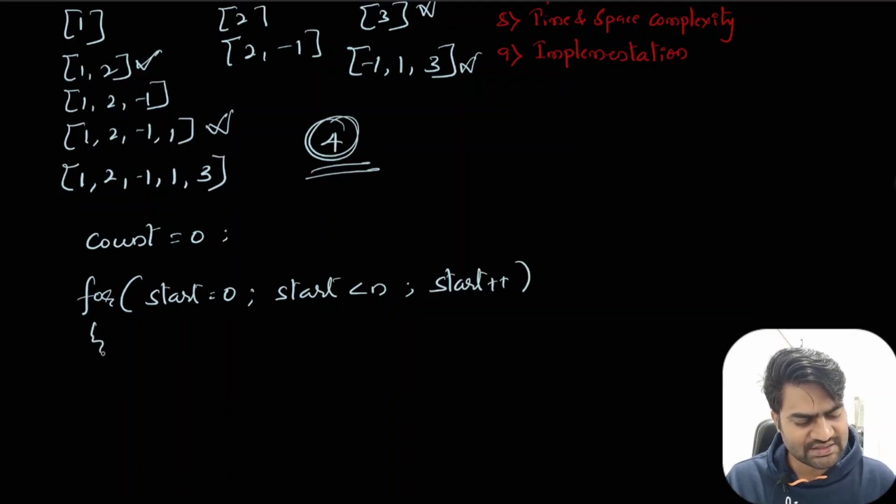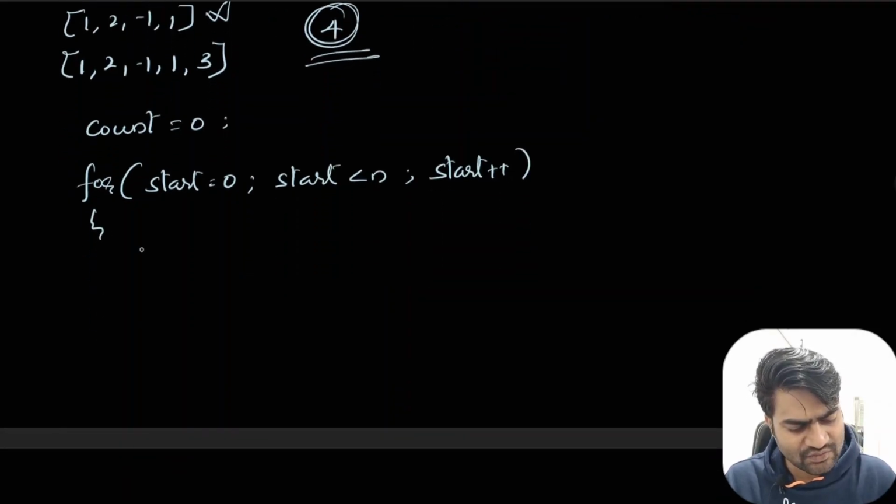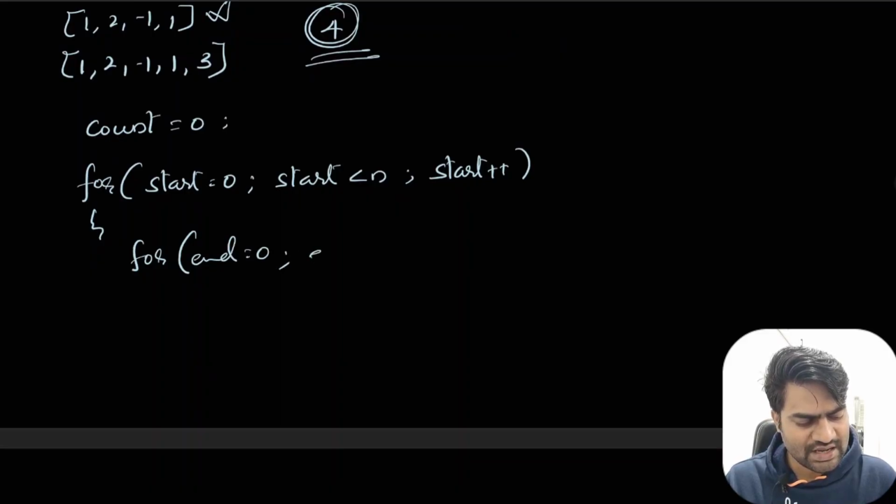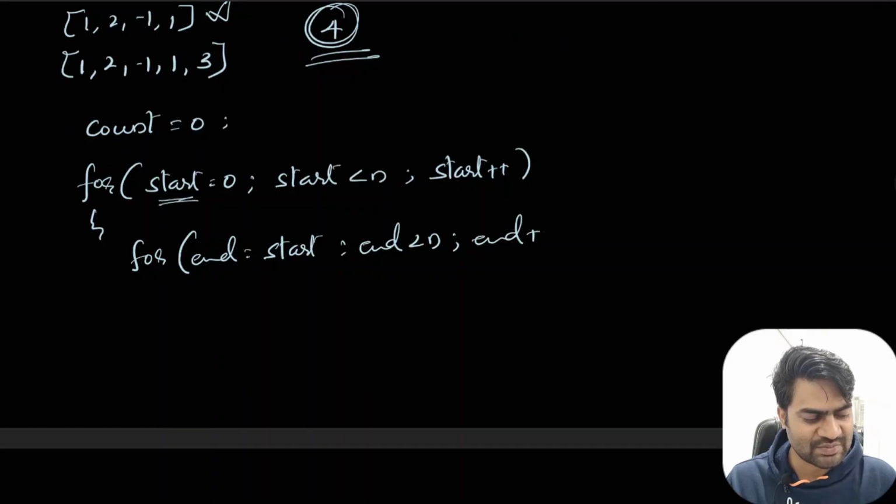Okay, after this I will take another for loop for end. So we should not consider 0 here, because we always start from this particular value, right? So end should start from the start value, then end less than n, then end plus plus.